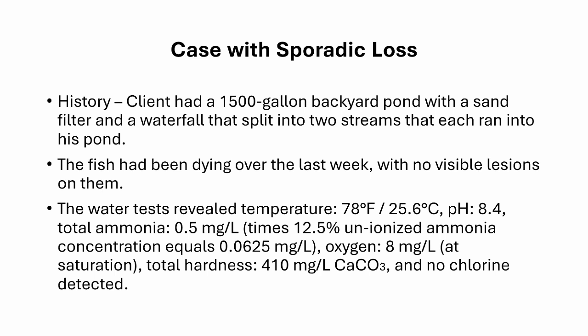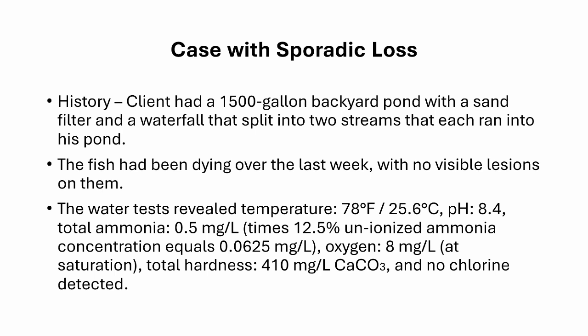The oxygen was 8 milligrams per liter, which is at saturation for that temperature, so that was good. Total hardness, 410 milligrams per liter, is pretty high, and that tells me water is evaporating, but the minerals don't evaporate, so they stay in the water. The pond owner is adding water, which dilutes it a little bit, but not much.